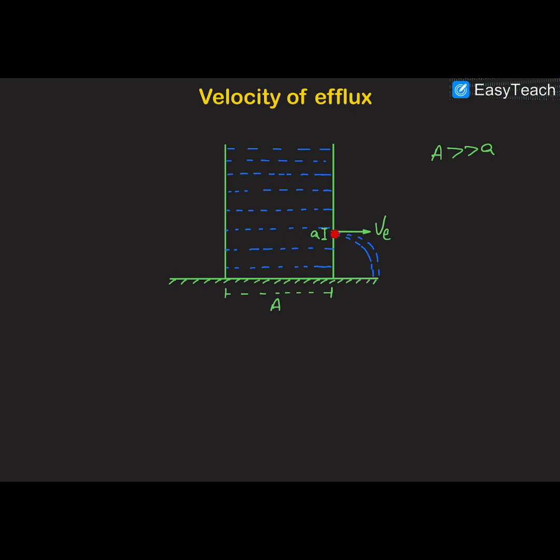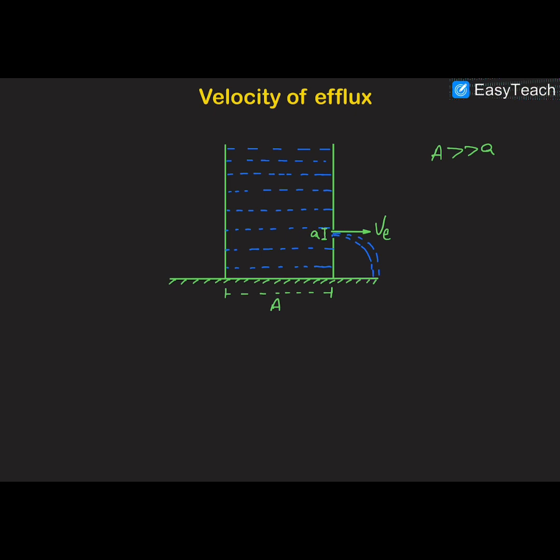There is a small orifice in the wall of the container through which liquid is leaking out. The velocity with which this liquid is leaking from this orifice is called the velocity of efflux. Okay, now let us derive the velocity of efflux by using Bernoulli's principle.